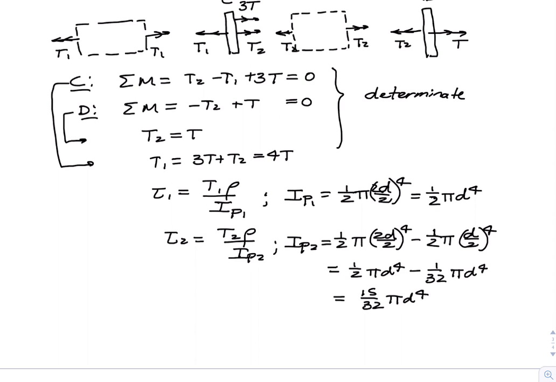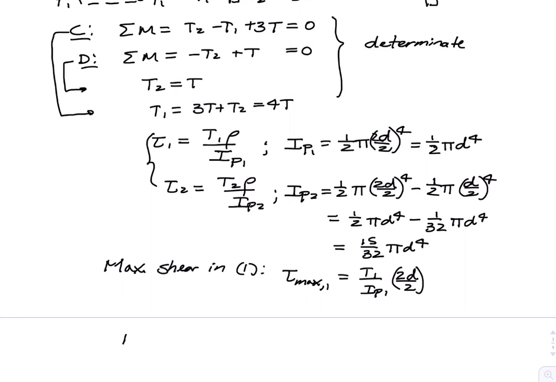So for the maximum torque, those are calculations for shear stress. The maximum shear stress in element 1, tau max for 1, is when rho is equal to the outer radius, which is going to be 2d over 2.